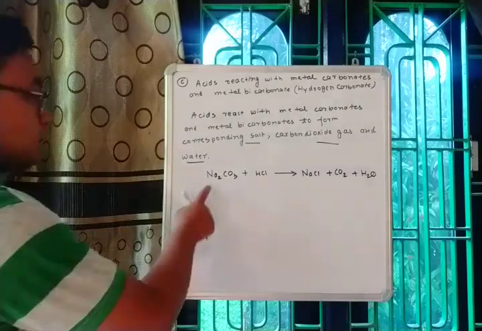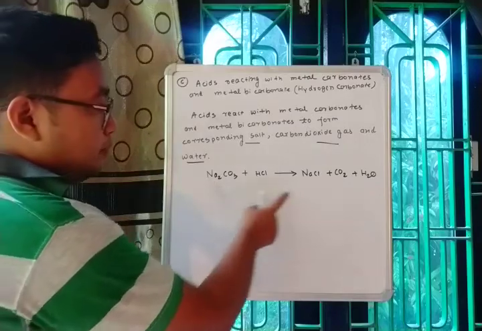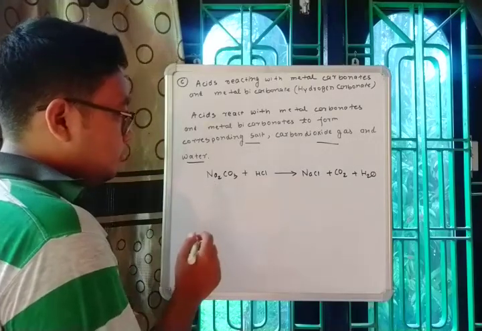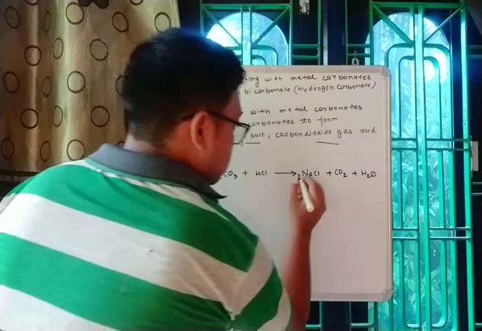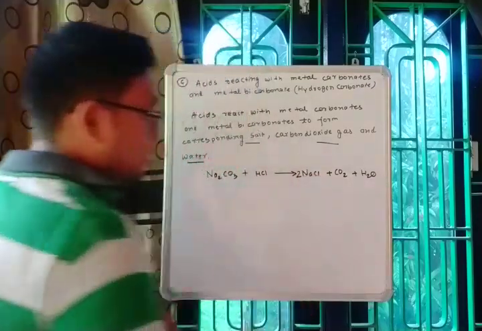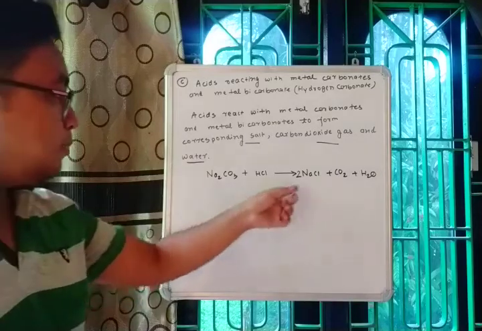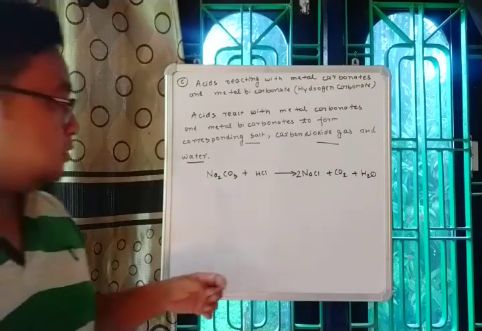Now tell me whether the reaction is balanced or not. Obviously the reaction is not balanced, correct? We have two sodium here and one sodium there, so not balanced. So we will add 2 here. As soon as you add 2 here, the number of sodium is balanced and the number of chlorine is not balanced.